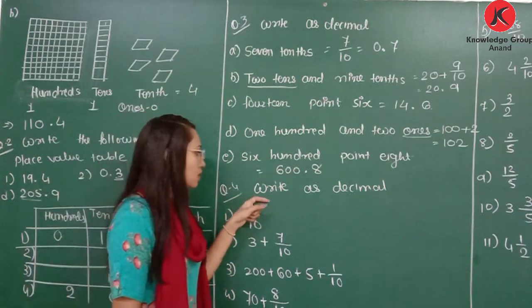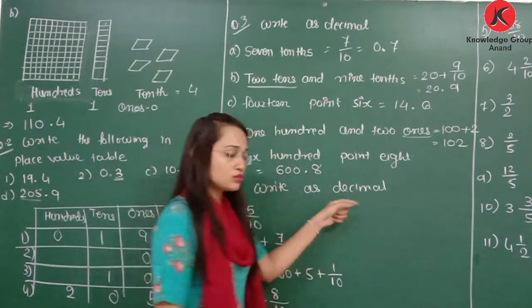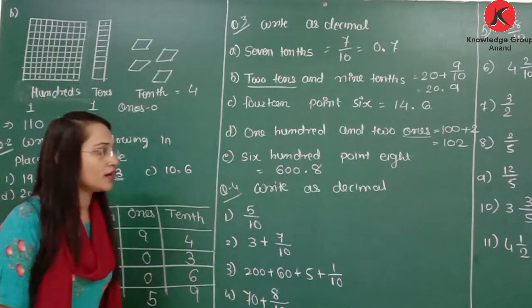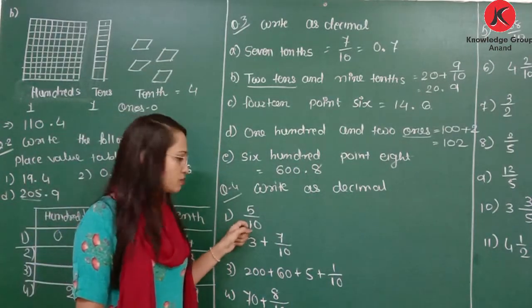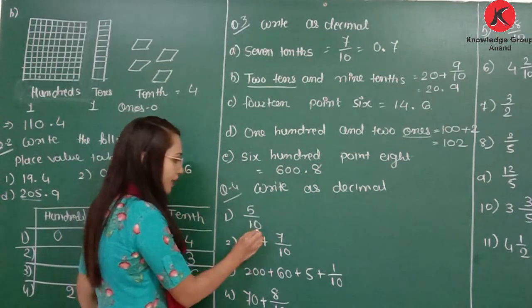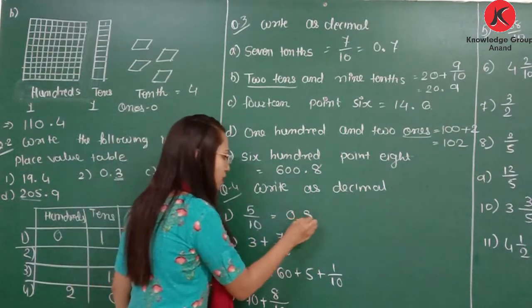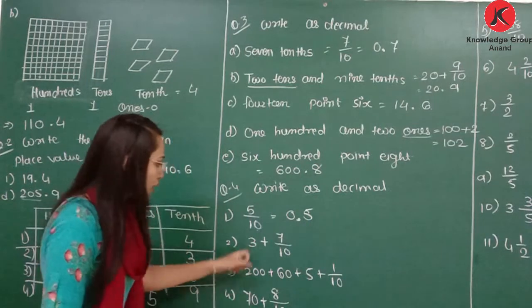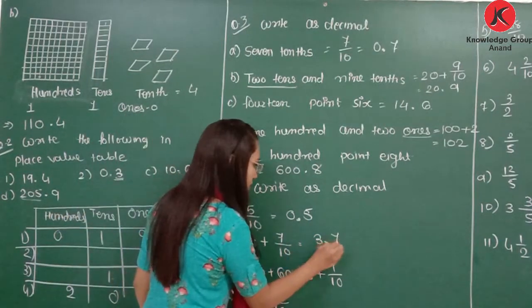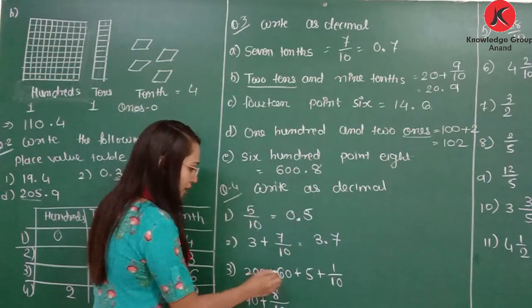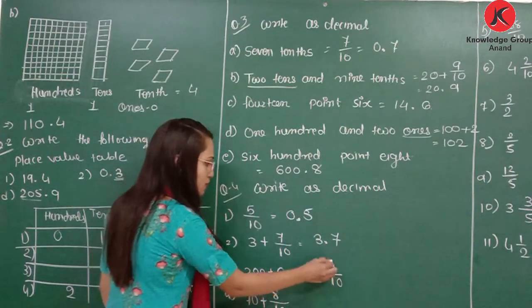Now next one, write as a decimal. So here expanded form is given and some fractions are given. You need to convert this into decimal form. So 5 by 10 is written as 0.5. Now 3 plus 7 by 10. So it is 3.7. 200 plus 60 plus 5 plus 1 by 10.